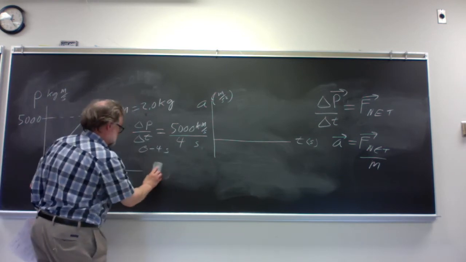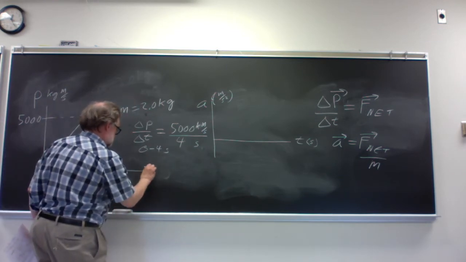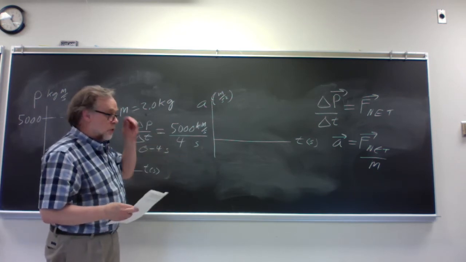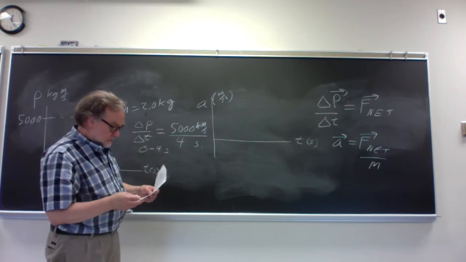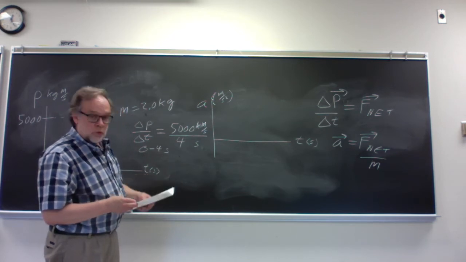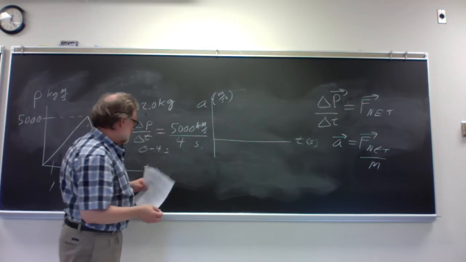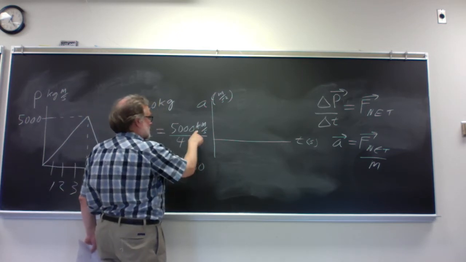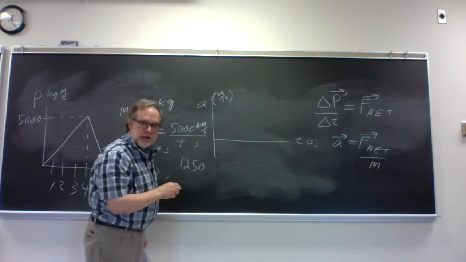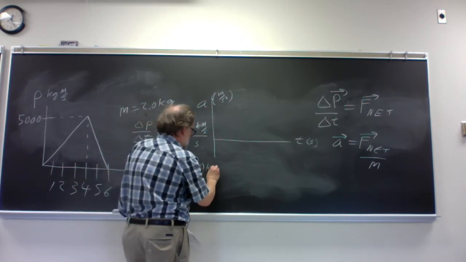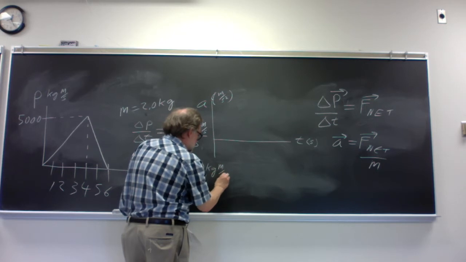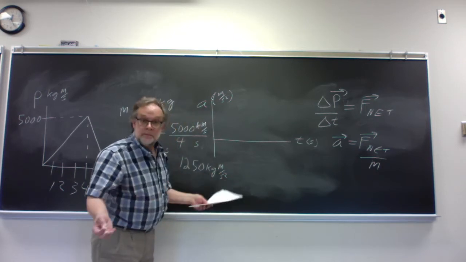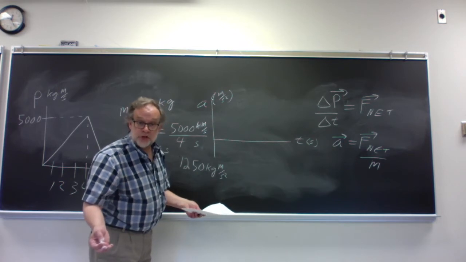So 5,000 divided by 4 is 1,250. Kilogram meters per second squared, in other words, mass times acceleration, that's force.